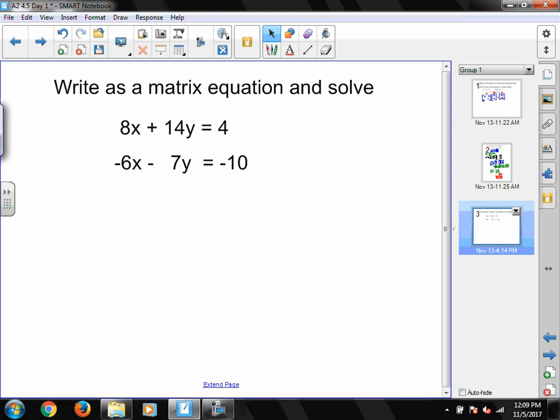So one more example for us to work through. So write as a matrix equation and solve. So again, use your matrix equation.